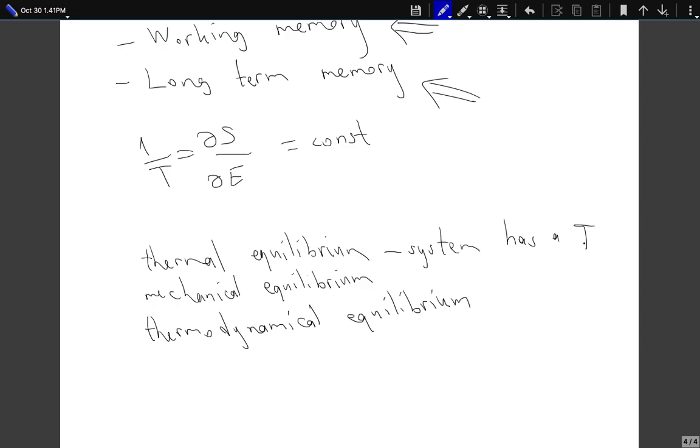Mechanical equilibrium is when the system has a pressure, which is when there is no flow of particles, no changes in the volume, etc. Thermodynamic equilibrium just means both of them.